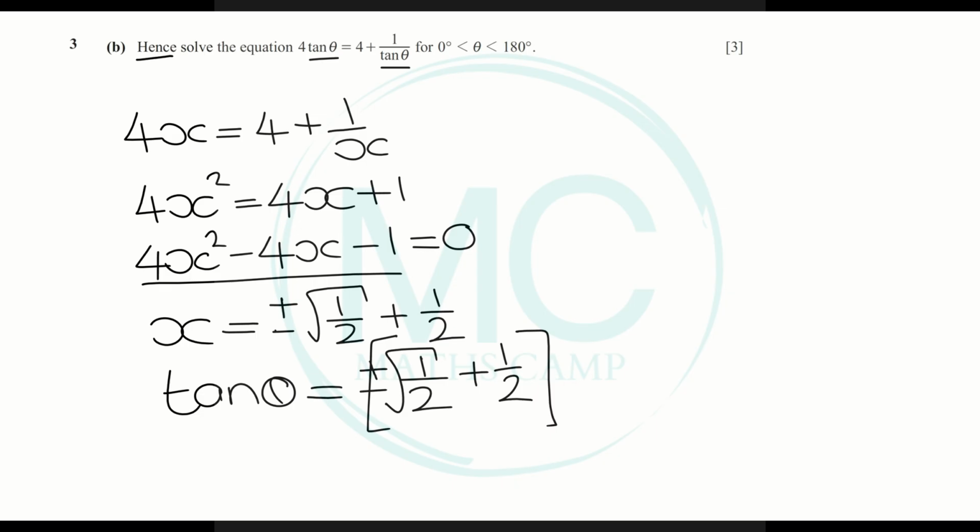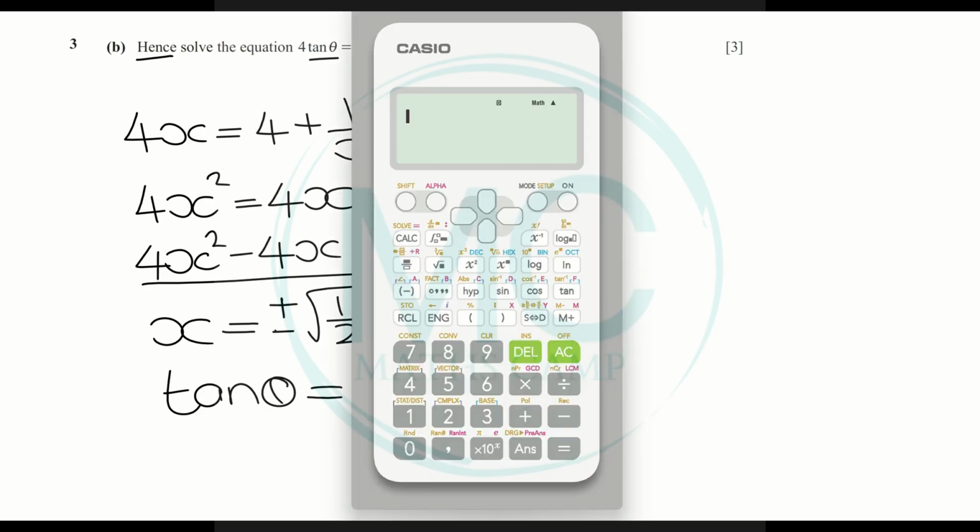So let's find theta when we have a positive root. Take your calculator. You can say inverse tan is equal to the square root of 1 over 2 plus 1 over 2 is equal to 50.36.